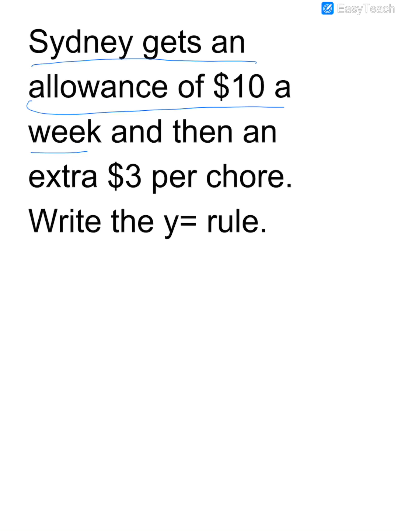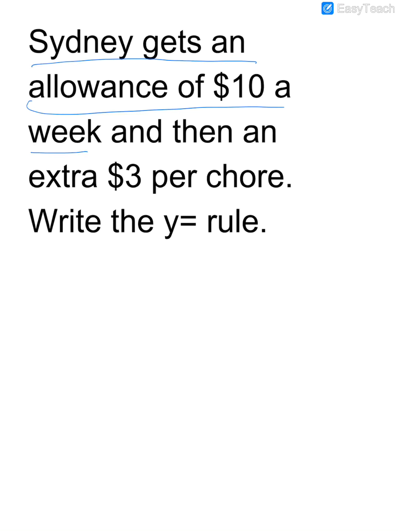I don't know if you guys know what an allowance is, but that means every week you get money from your parents or guardians just for being alive, basically. Just some extra money for who knows what. So every week, Sydney gets $10 flat, okay? Then, if Sydney does chores, she gets an extra $3 per chore, okay?